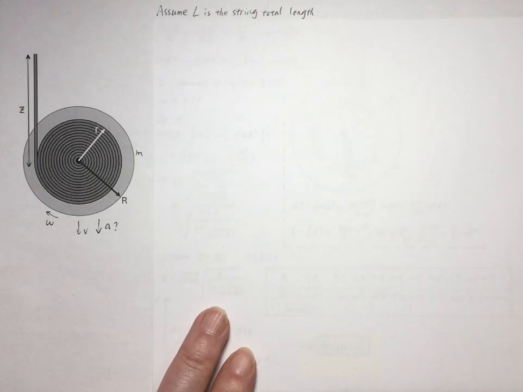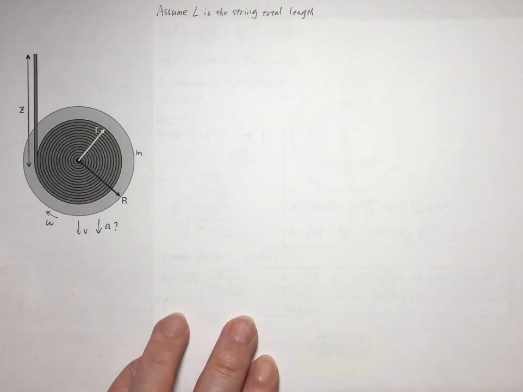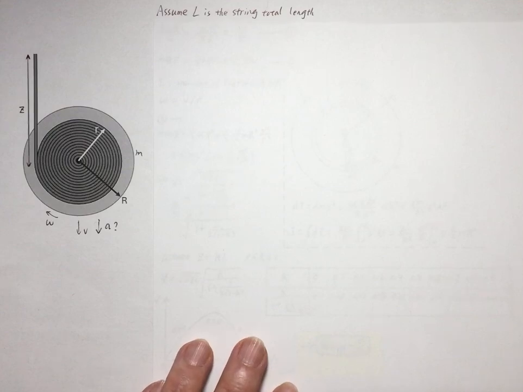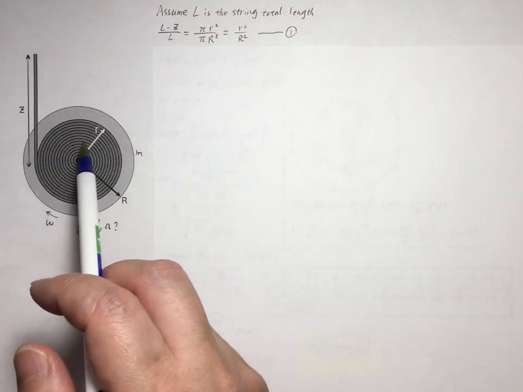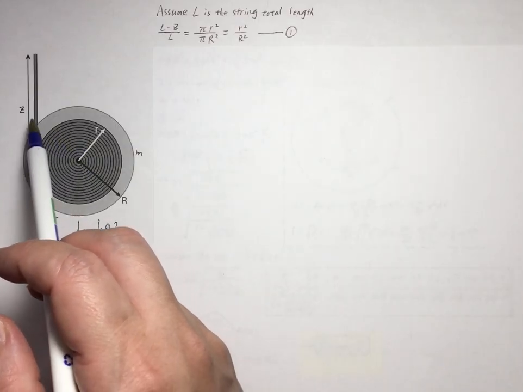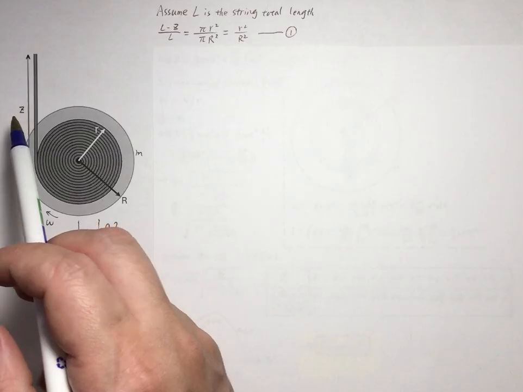First, we assume L is the string's total length. At this moment, the yo-yo has dropped by a distance of z.